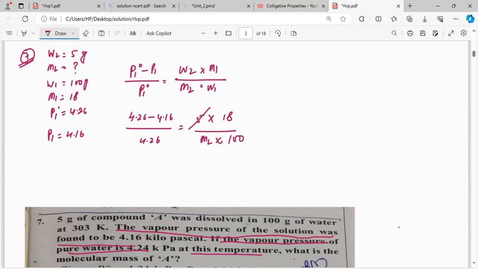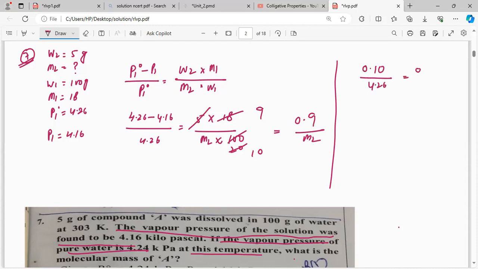So you solve it: 5 twenties 90 over 18 times 100 is equal to 0.9 by M2. If you are subtracting, it is 0.10, so 0.10 divided by 4.26 is equal to 0.9 upon M2. So M2 is equal to 0.9 multiplied by 4.26 divided by 0.10. So what is the value coming? Let me multiply.